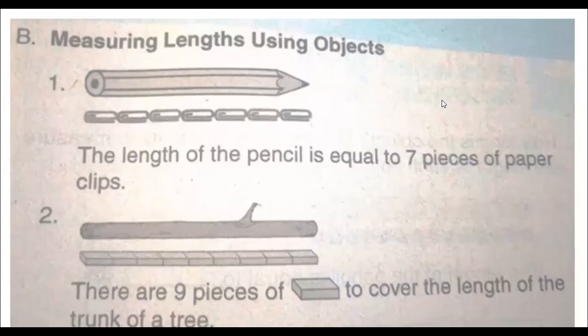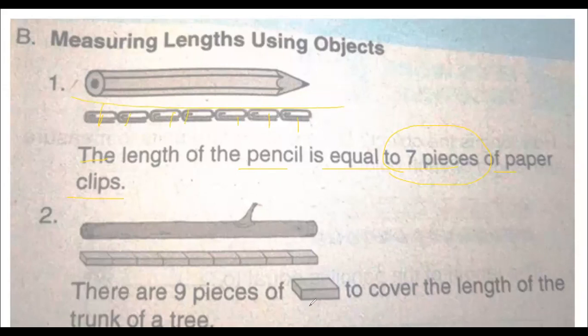Okay, there. Now, how about this one, measuring the length using the objects? Okay, this is an example. So the length of the pencil is equal to 7 pieces of paper clip. So 1, 2, 3, 4, 5, 6, 7. So that is the length. Okay.